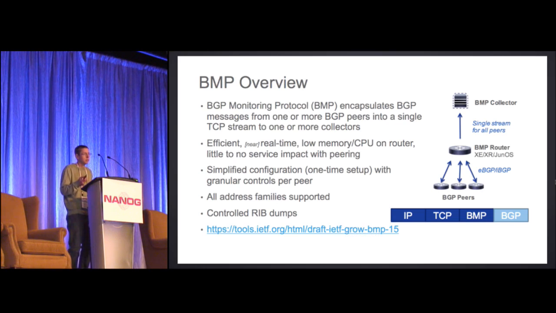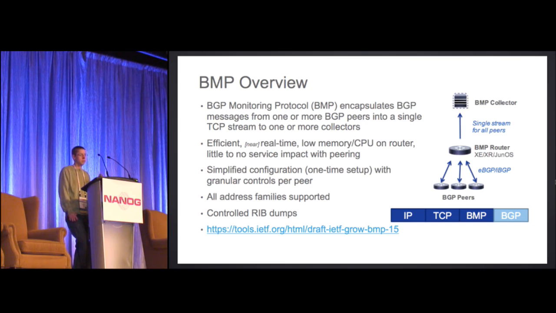So an answer to this is to use BGP Monitoring Protocol, BMP, which is implemented in Cisco as well as Juniper today, and I heard GoBGP also implements it. What it is, is a way to establish a monitoring session from the router to a collector.